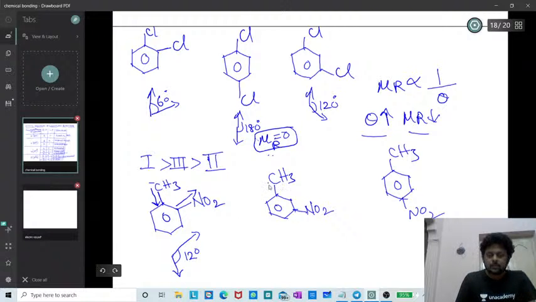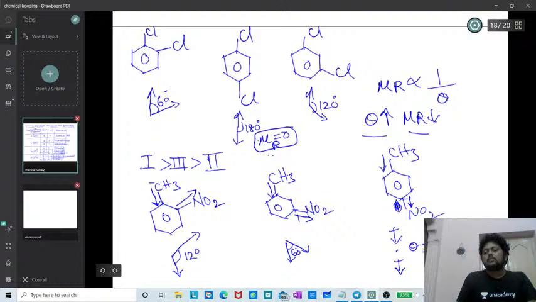Now see this one, this vector downwards, this vector in this direction. I am writing the first vector like this, second vector like this, so the angle of separation is 60 degrees. Next, here this vector is downwards and this vector is also downwards, so both vectors are parallel to each other, and theta is equal to 0 degrees.